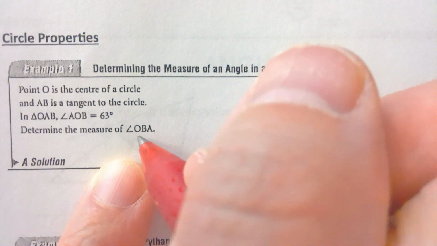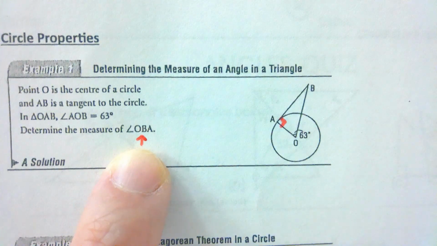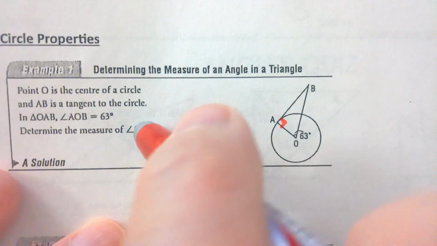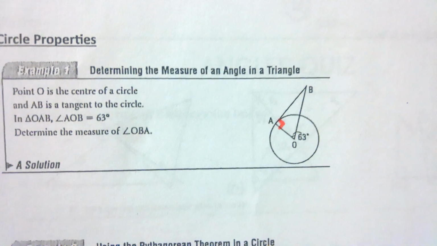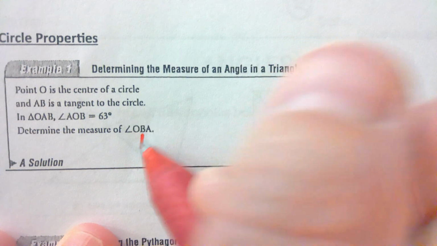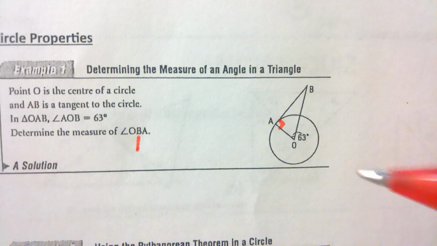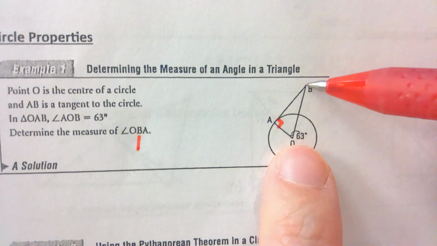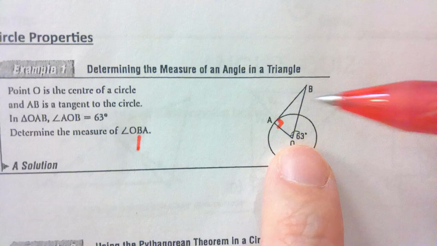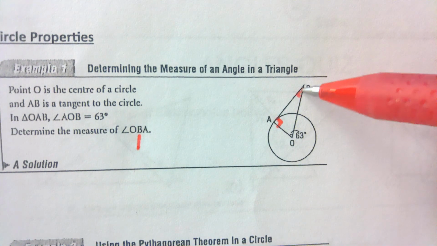When you see 3 letters, it's always the middle one that you're actually solving for. So OBA means angle B. If you're tracing it, that's how you know which angle you're solving for. So this one right here.